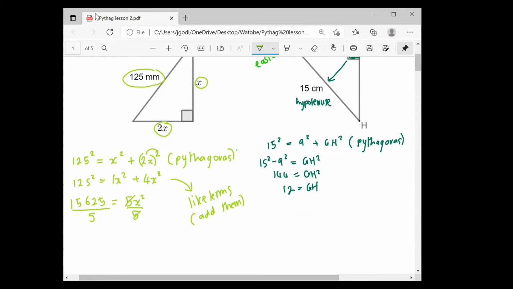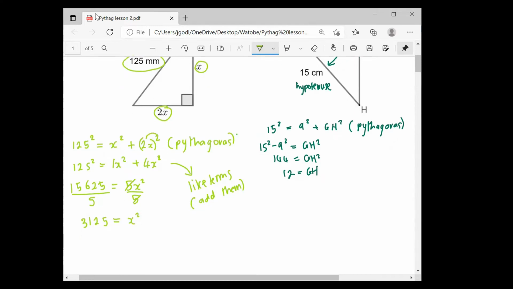So we're going to divide that big number by 5. I get 3125 is equal to x squared. And so if I want x squared to be alone, I'm going to square root that number. And I get 55.90, and that's going to be equal to x.